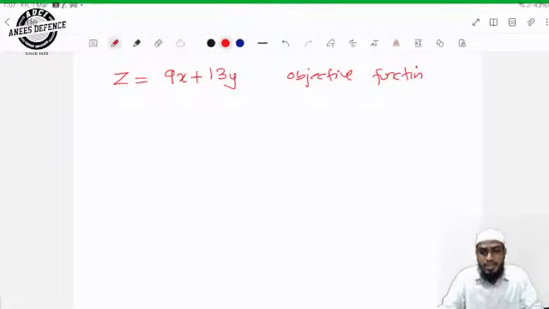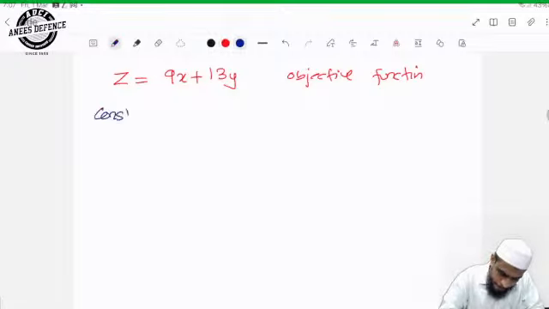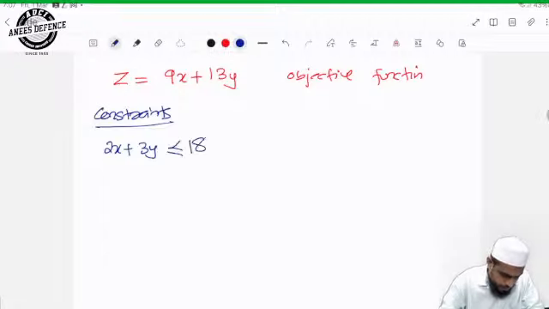Now we will have so many constraints. So we will write constraints here. Constraint 1 is 2x plus 3y less than or equal to 18. Another one, 2x plus y less than or equal to 10.